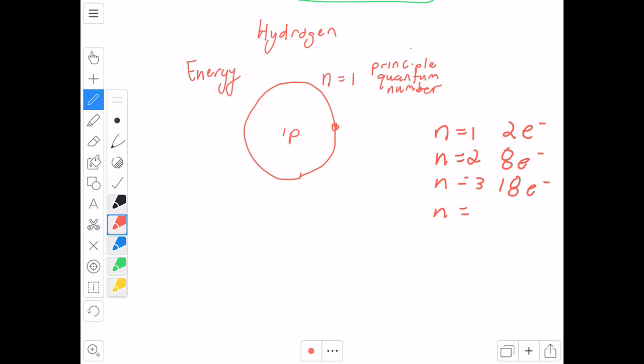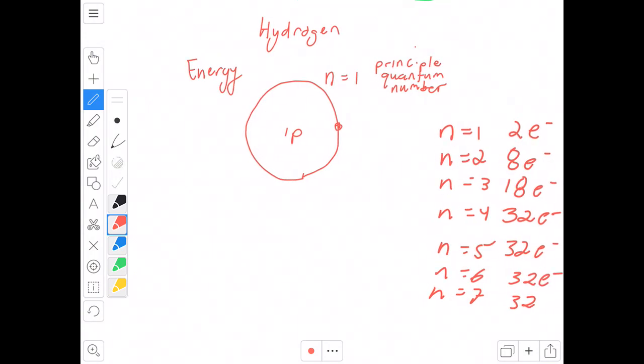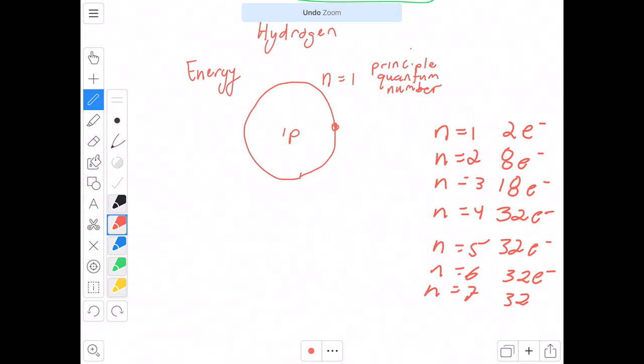And the fourth one can hold, if you're seeing a pattern, 32. Okay? So that's how many electrons can be held by each of those principal quantum numbers. And it's going to be the same for 5, for 6, and for 7. All of those hold 32.